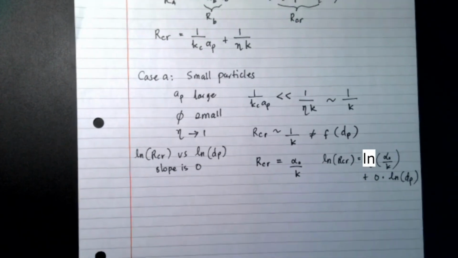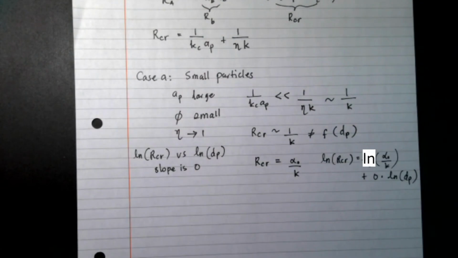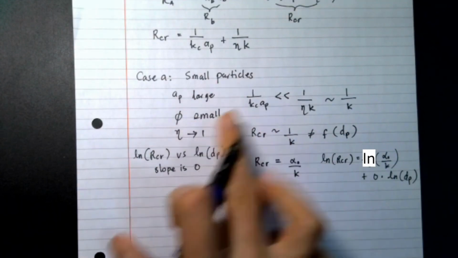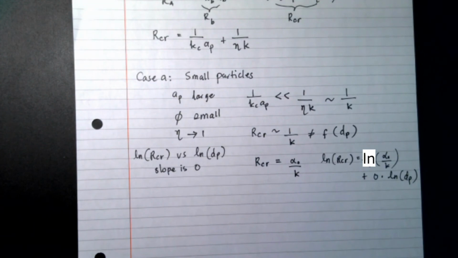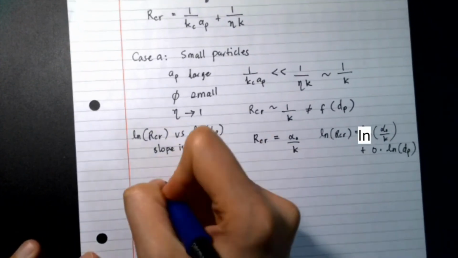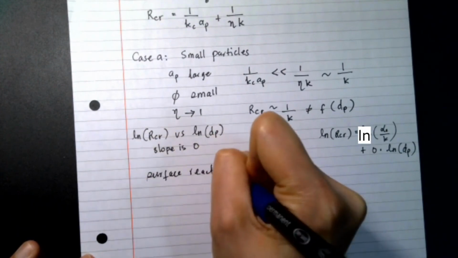That means that if the slope of this plot is 0, then the limiting step is the surface reaction, because we said before in topic 3 that for small particles, so for small values of Thiele modulus, the surface reaction is controlling over internal diffusion. So if the slope is 0, the process is surface reaction limited.